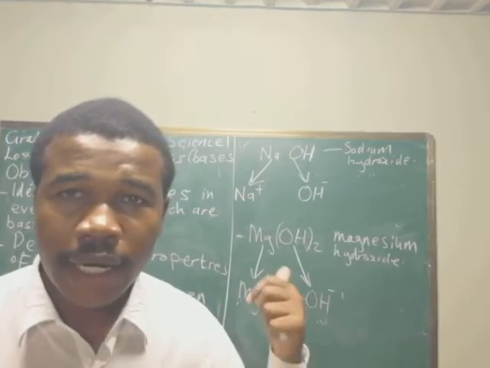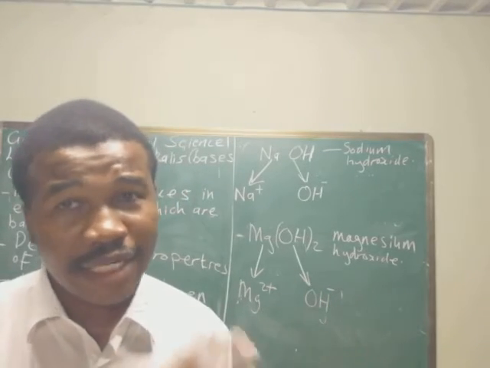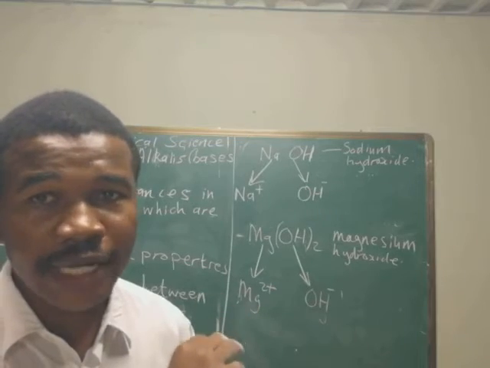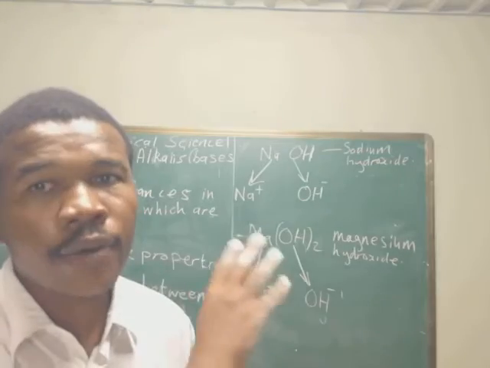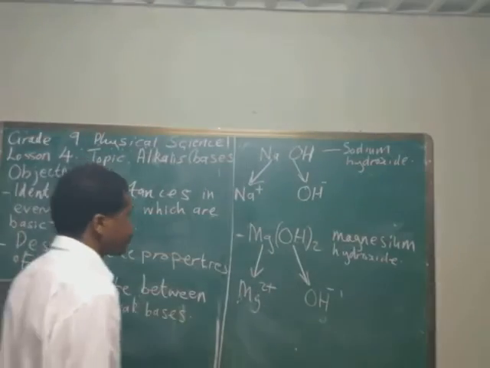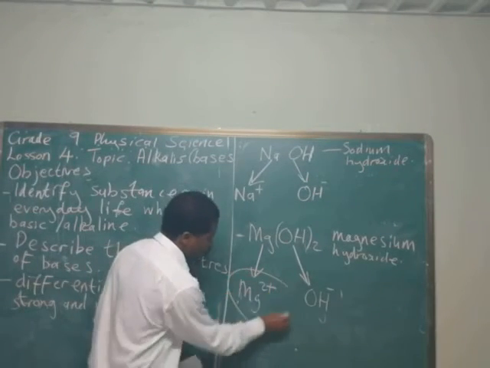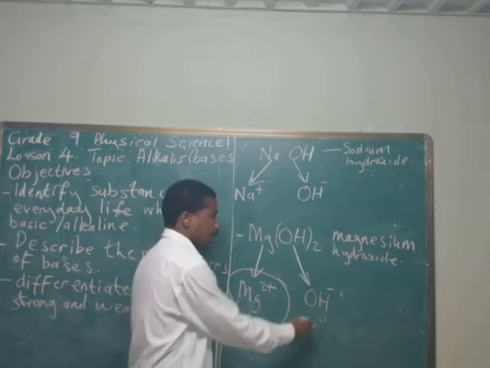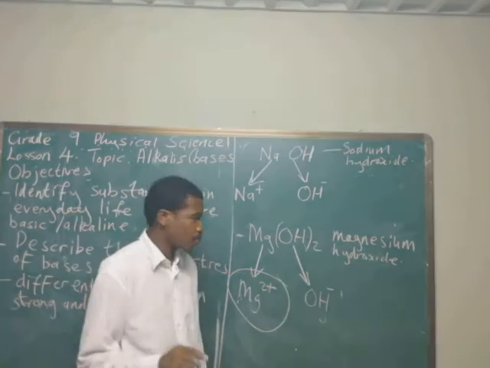So sodium hydroxide, then magnesium hydroxide also breaks down to give us Mg2+ and the hydroxyl ion again, right? Think of it this way.